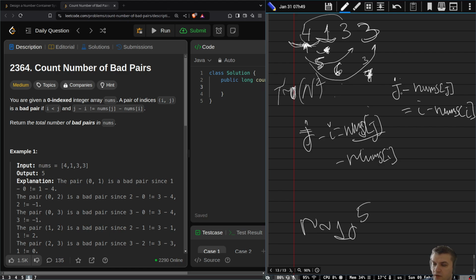And that means that for every number in the array, I'm gonna put it in a hash map with the index.